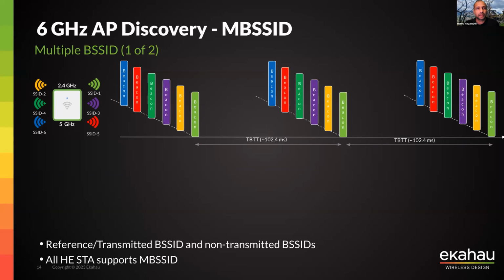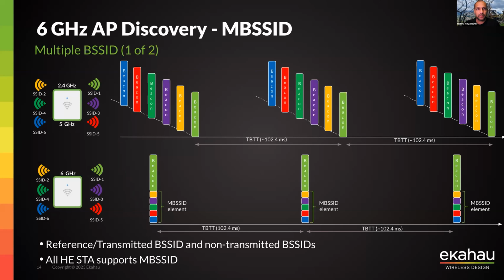But in 6 GHz, they addressed this problem. If you deploy multiple SSIDs, we are not transmitting multiple beacon frames. We are advertising one beacon frame, but within that beacon frame, we include something called the multiple BSSID element, which is basically advertising the other SSIDs' capabilities. In that way, a single beacon frame is advertising 6 SSIDs in my example. All 6 GHz clients, and even 11ax clients, should understand this element.